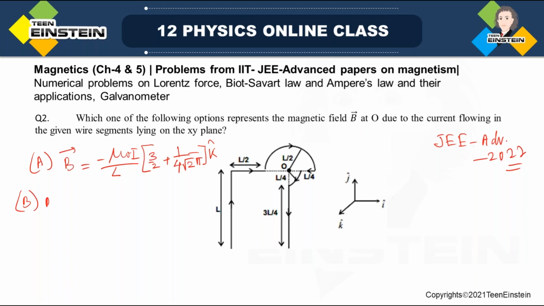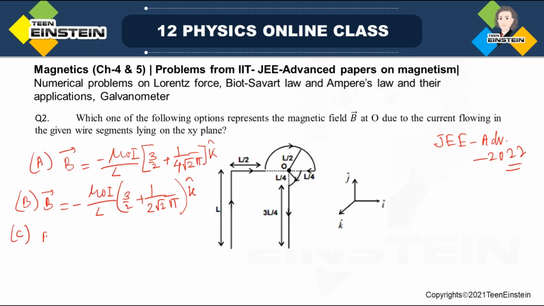Second option says B equals mu 0 I by L, 3 by 2 plus 1 by 2 root 2 pi, whole into k cap.